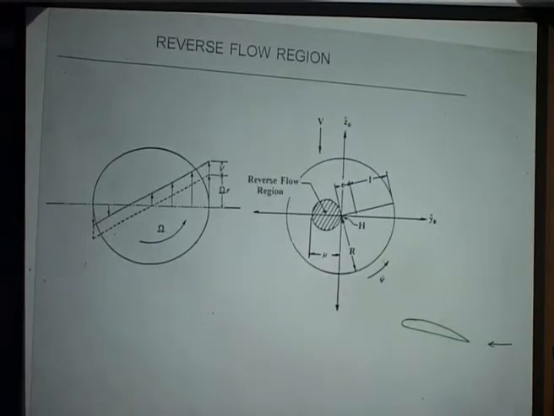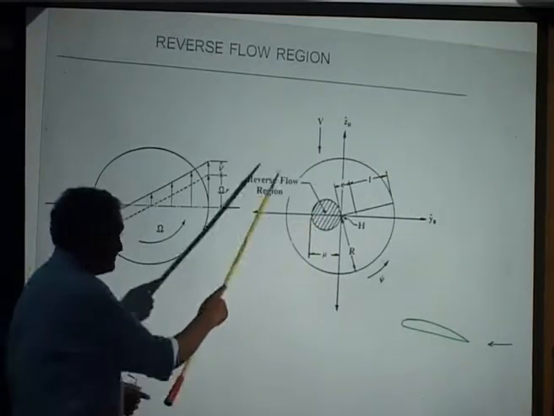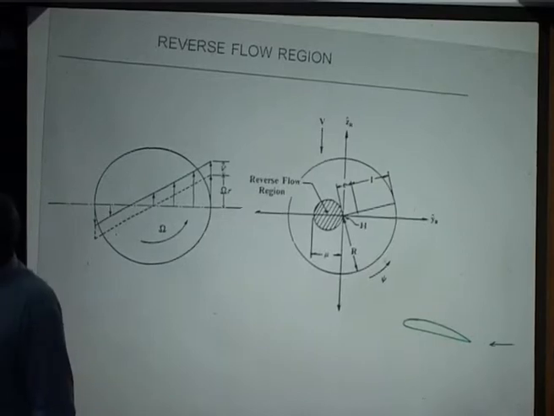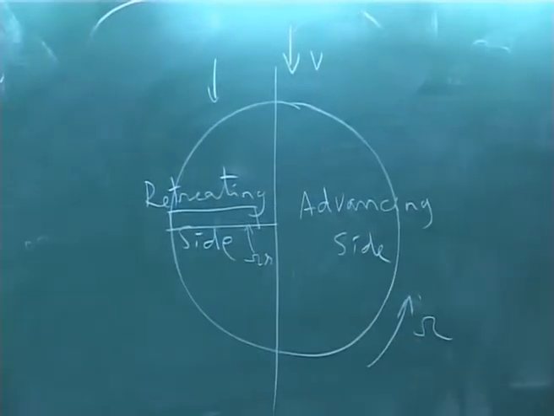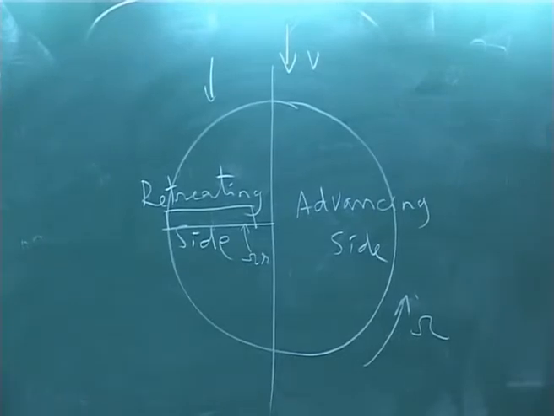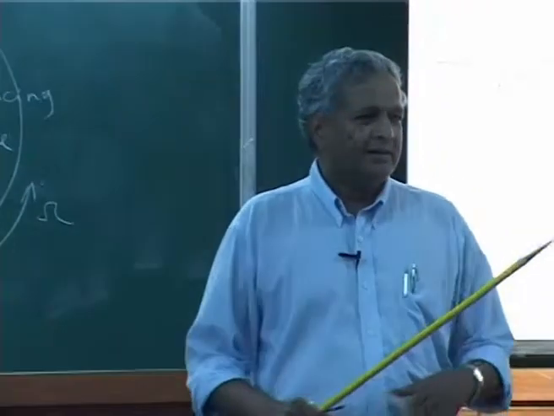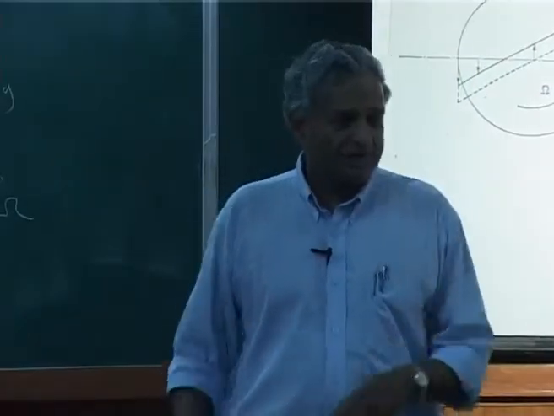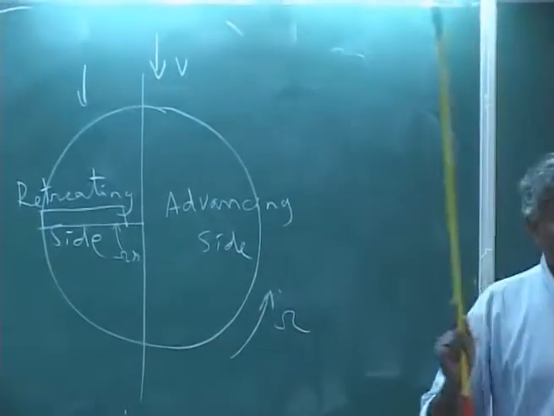But one went around 400 something, because what will happen is, if you keep on increasing V, this omega region is going to become bigger and bigger, and this side will become ineffective. That is why, now I am going a little off, when you study helicopters, you can't say I fly at any speed.